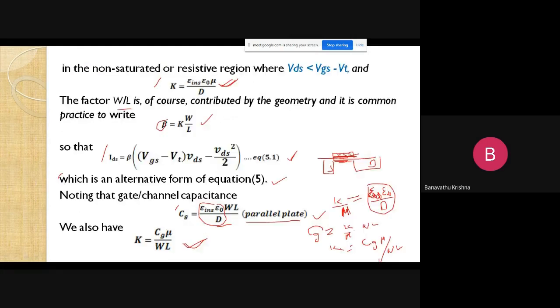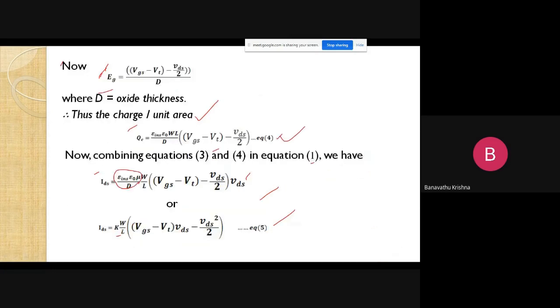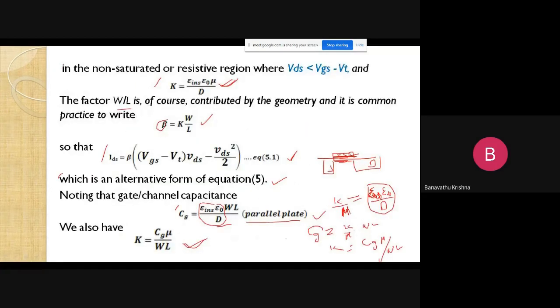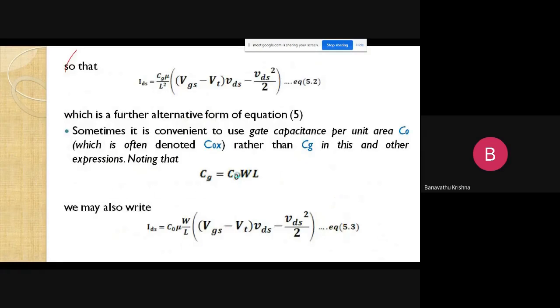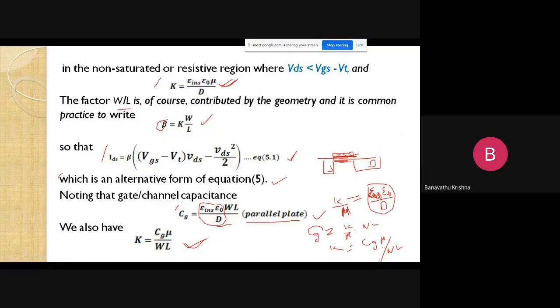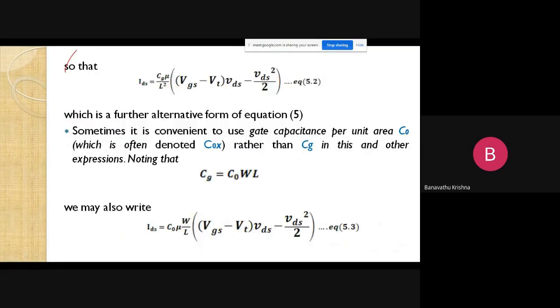So K equals Cg into mu by WL. From equation 5, Ids equals K into W by L. You can substitute this value of K in equation 5, and then we get Ids equal to Cg into mu by L square, since W is cancelled, of (Vgs minus Vt) into Vds minus Vds square by 2.